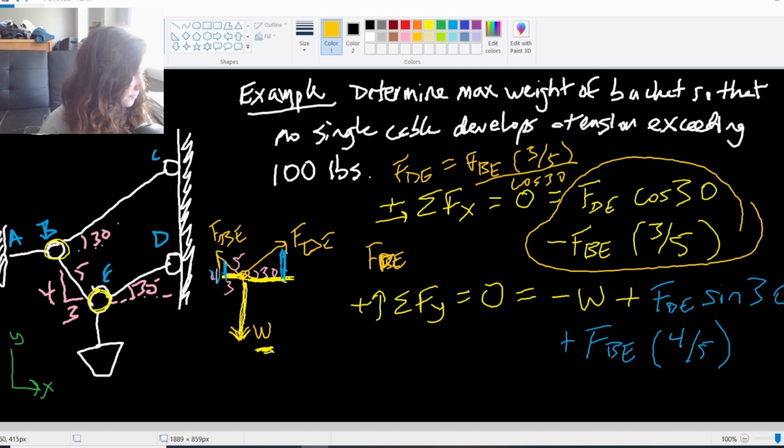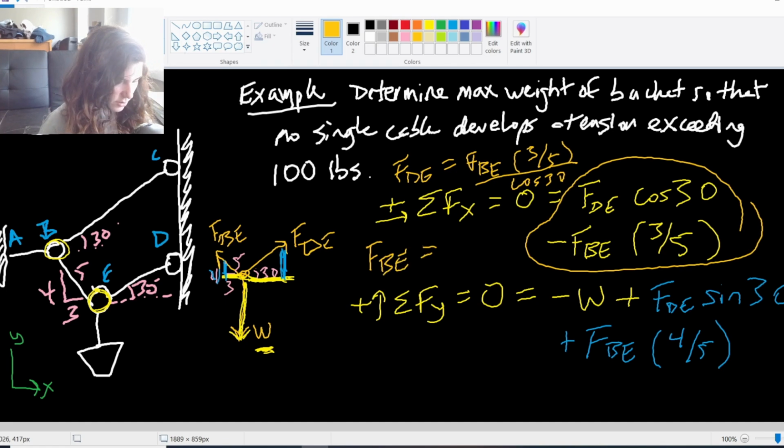FDE equals, actually I'm going to write this the other way. I'm going to multiply over the cosine 30 and divide by 3/5. So I want to look at FBE instead.